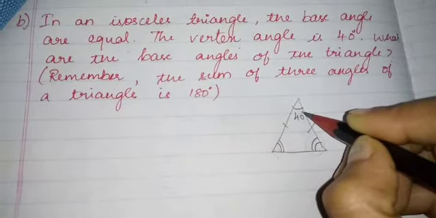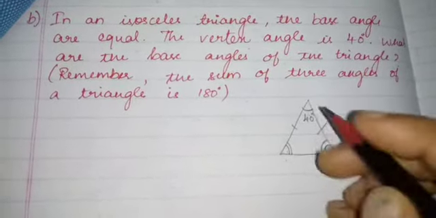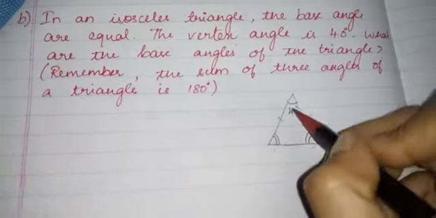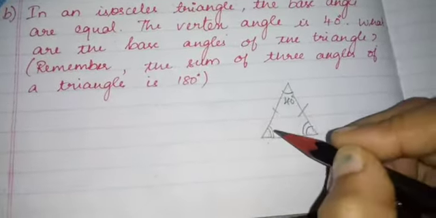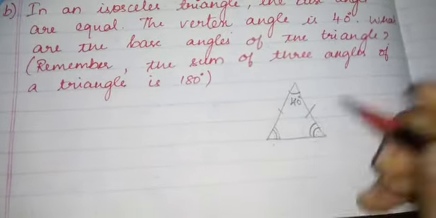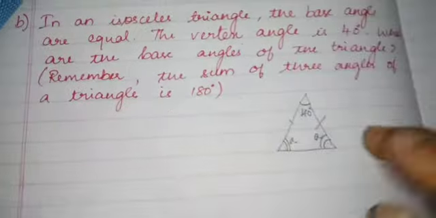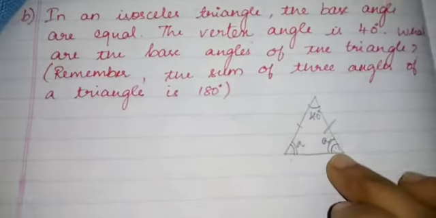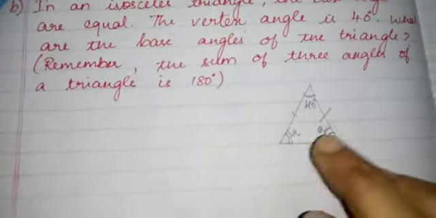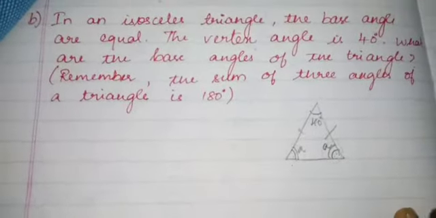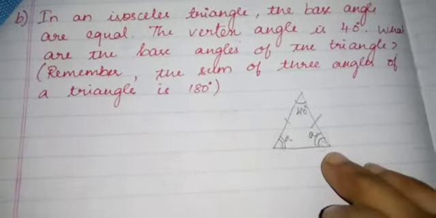What are the base angles of the triangle? We have to find the base angles of the triangle. I know the vertex angle. I have to find the base angles. If this is A, this is also A, right? If this is X, then this is also X degree. If this is Y, this is also Y. I have taken that as A because both the angles are the same.